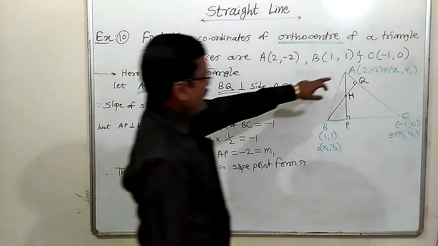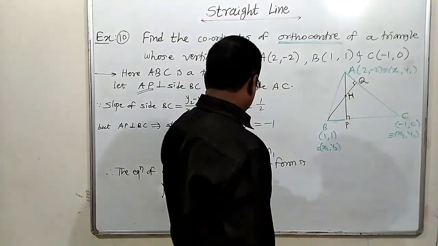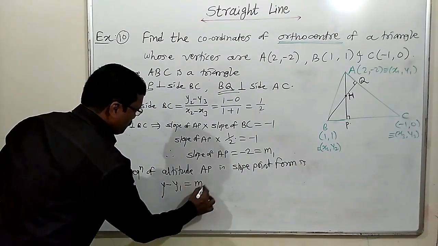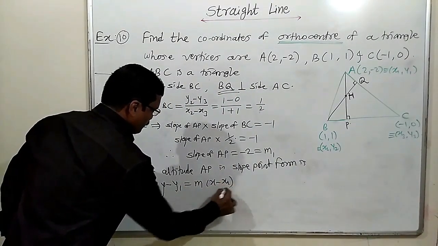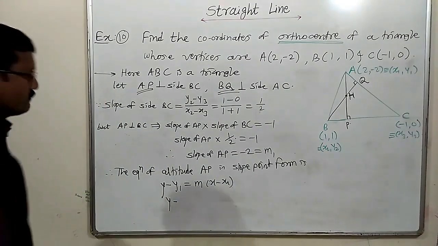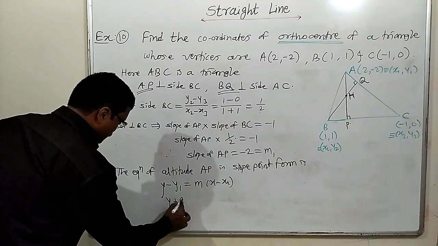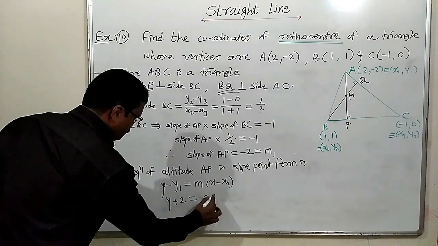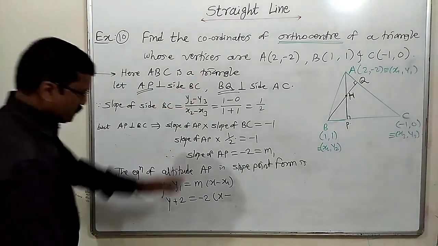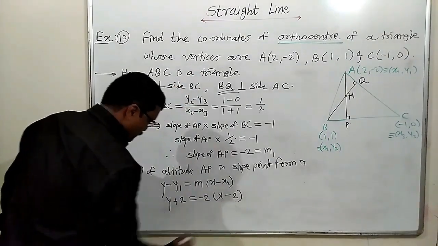AB passes through point A x1 and its slope is minus 2. So its equation is y minus y1 equal to m into x minus x1. So y minus y1 is minus 2, so it becomes plus 2 here. Slope is minus 2 and x1 is plus 2. So x minus 2.